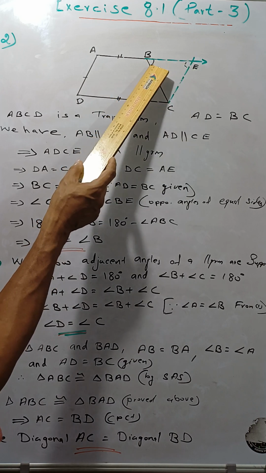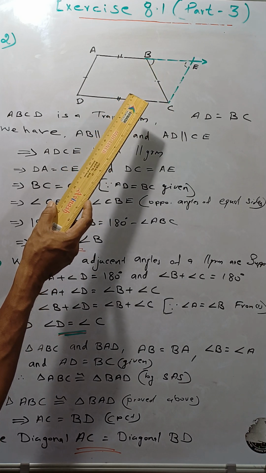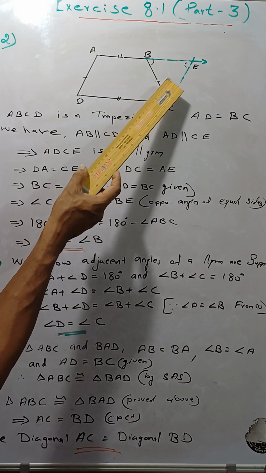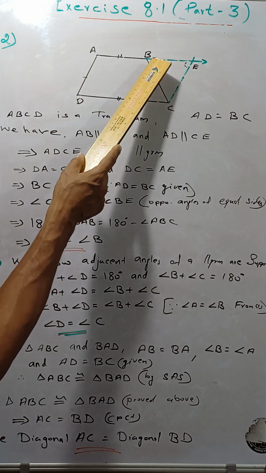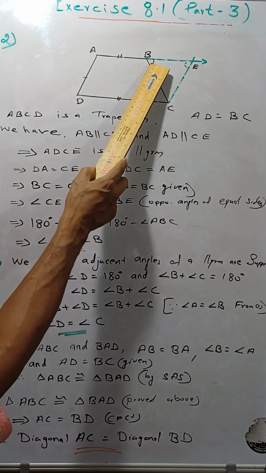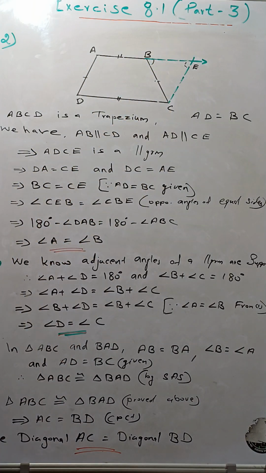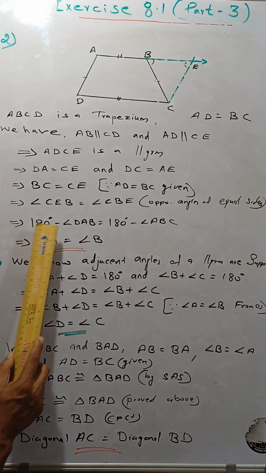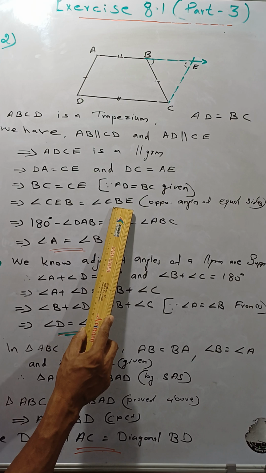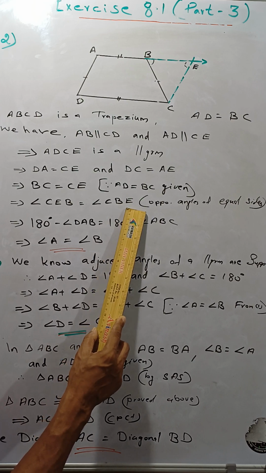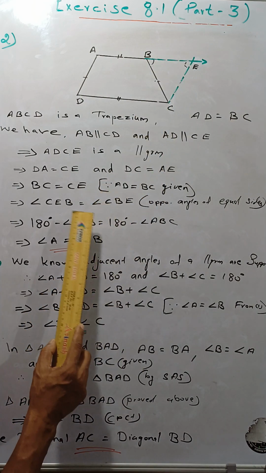These two angles are opposite of the equal sides. Opposite angles of equal sides are these two angles. Therefore, we can say these two angles are also equal. Angle CEB is equal to angle CBE.